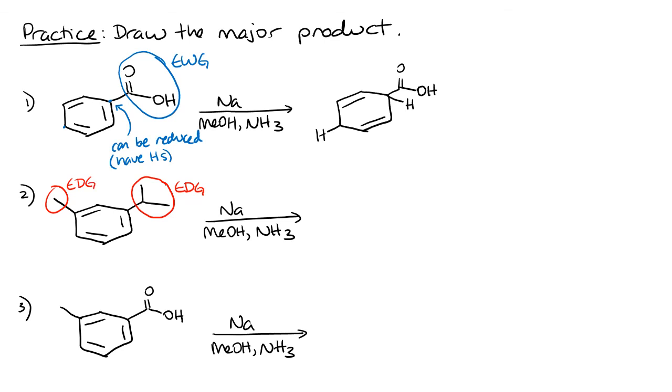Now we learned that electron donating groups will not allow the carbons to be reduced. So this carbon cannot be reduced, as well as the one opposite. And the other carbon containing our electron donating group also cannot be reduced.